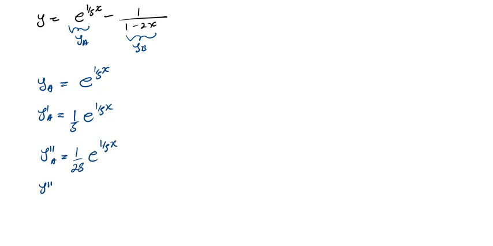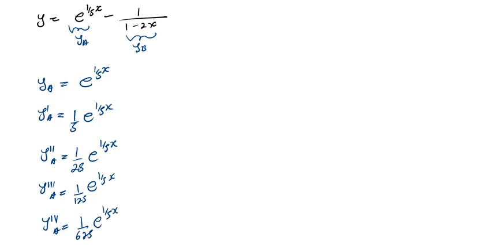The third derivative is this multiplied by 1 over 5. So 25 by 5 gives me 125, so I have 1 over 125 e to the 1 over 5x. My fourth derivative will be 125 multiplied by 5, that is 1 over 625 e to the 1 over 5x, like this.